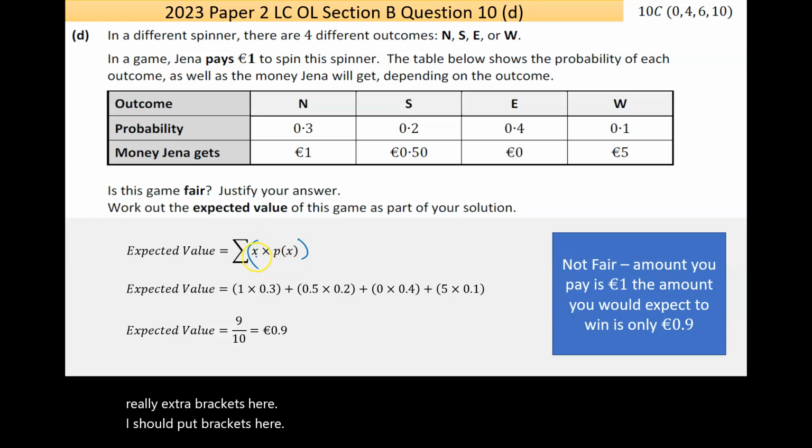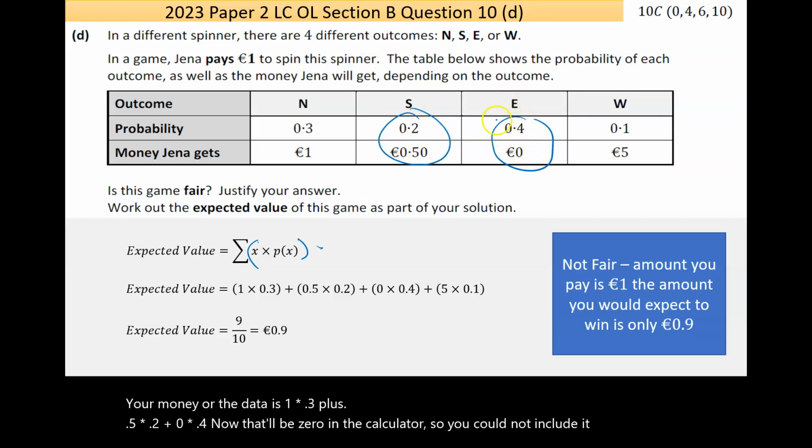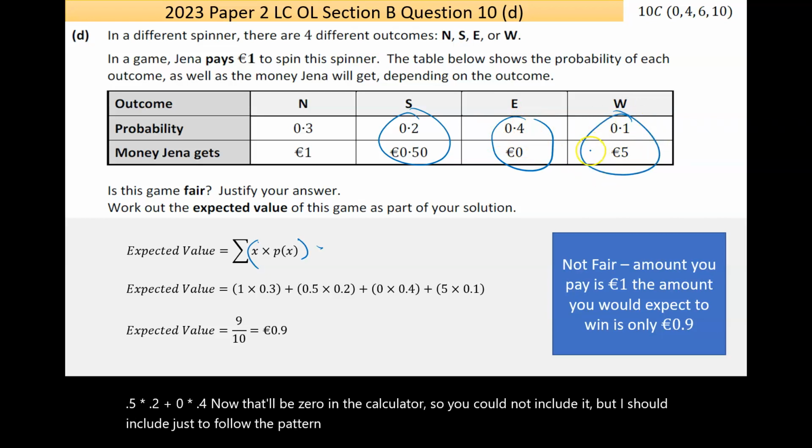Your money or the data is 1 times 0.3 plus 0.5 times 0.2 plus 0 times 0.4. Now that'll be 0, okay, in the calculators, but you could not include it, but I should include it just to follow the pattern. And then it's 5 times 0.1.